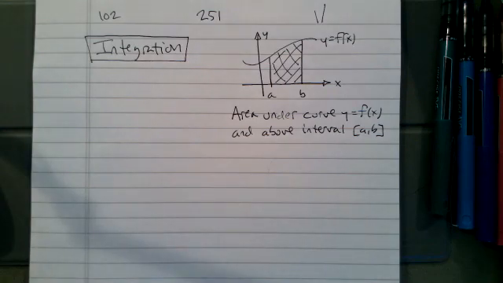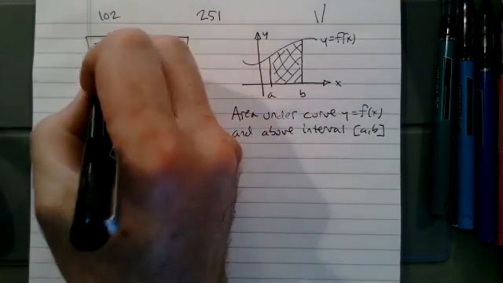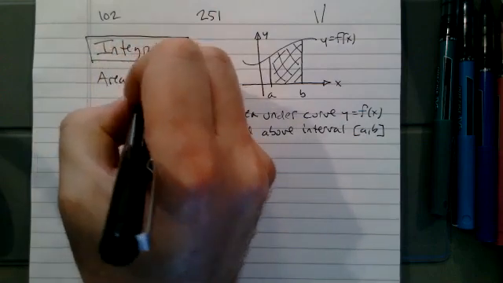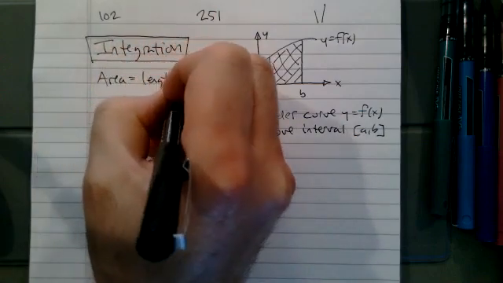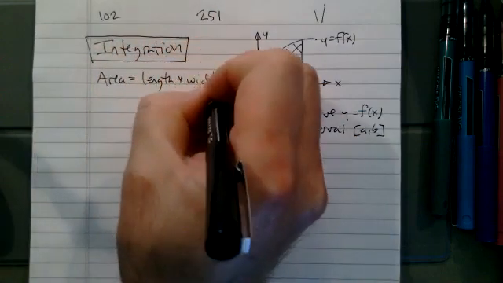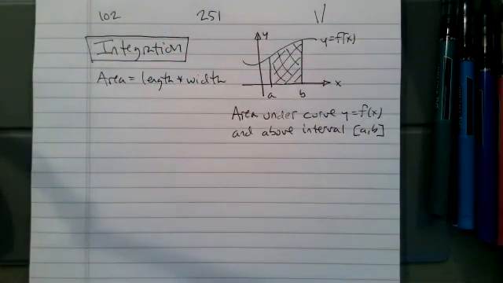So the thing that we need is that area equals length times width. We're using this area equals length times width as a stand-in for any multiplication that we want to do, any application of multiplication that we want to do.